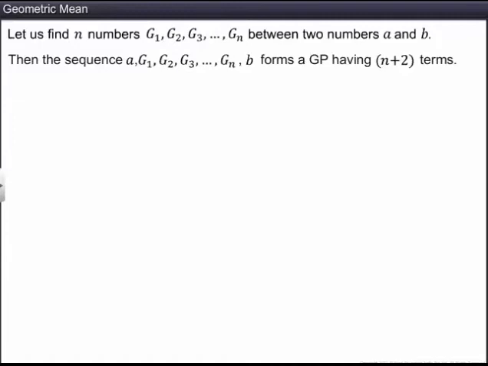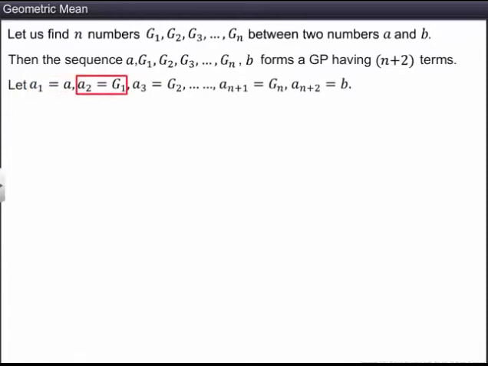Let a1, a2, a3 and so on up to a(n plus 2) represent the first, second, third, and n plus 2th terms of this GP, respectively.